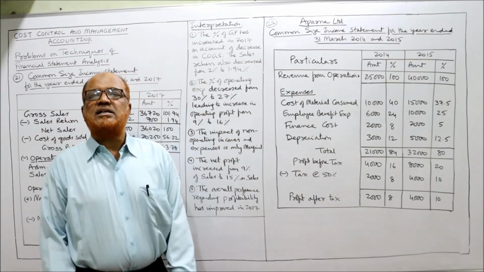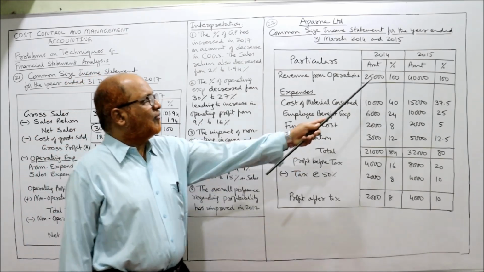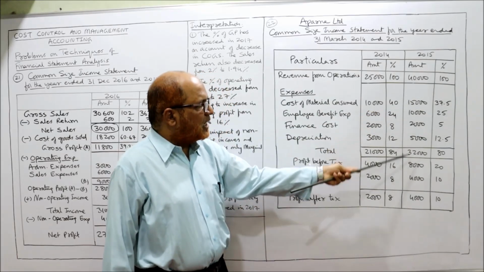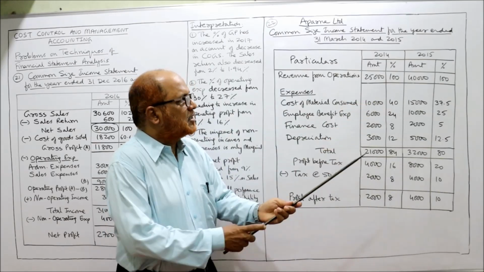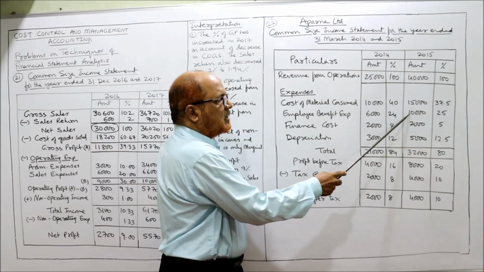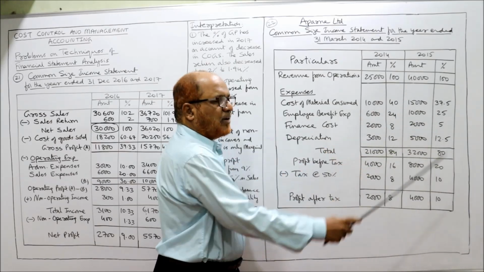Again, you take sales, revenue from operations as base, 100%. So 40,000 will be treated as 100. Take all these values in the numerator and the denominator is 40,000 into 100. So 15,000 by 40,000 into 100, 37.5. 10,000 by 40,000 into 100, 25. 2,000 by 40,000 into 100, 5%.